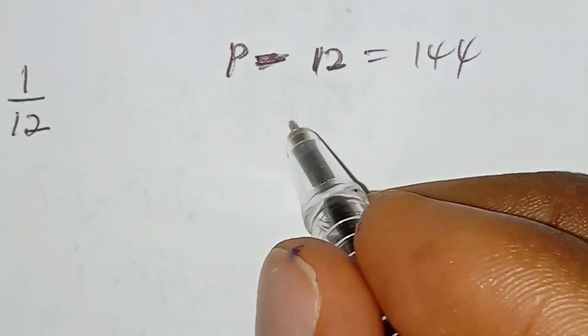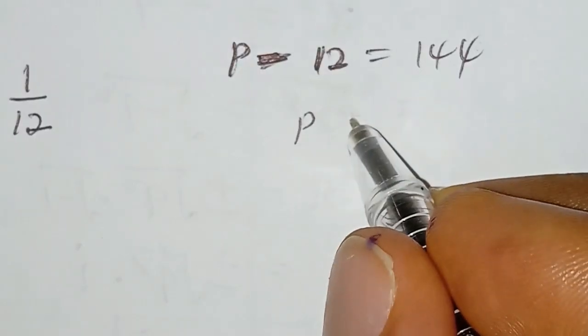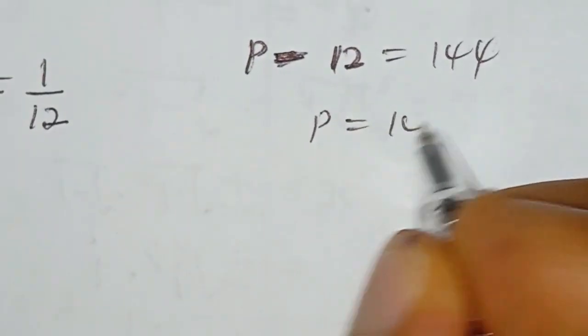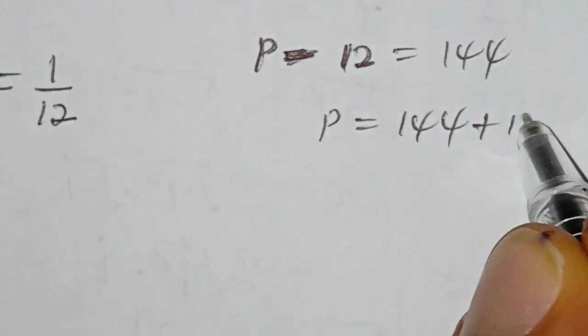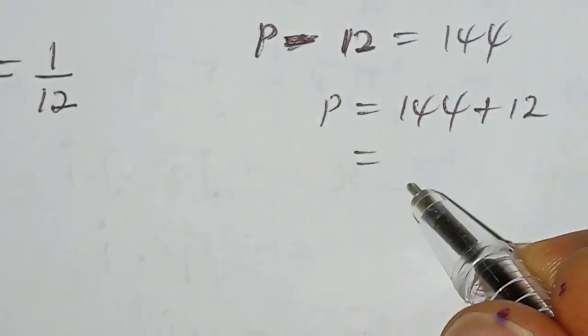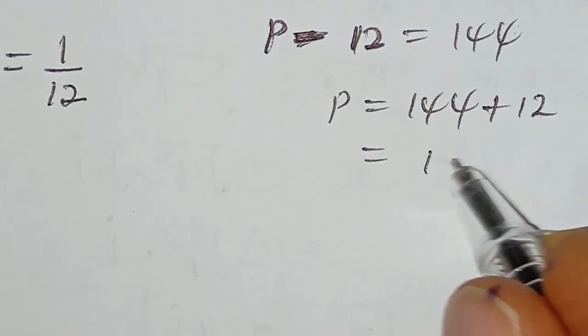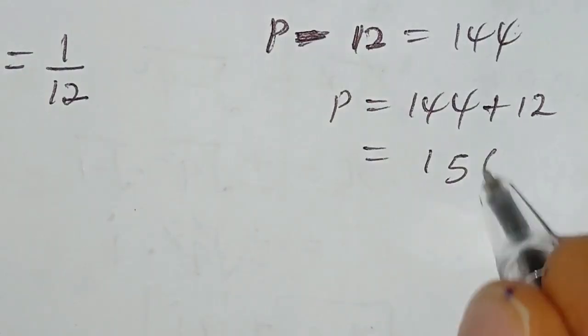So it implies that P will be equal to 144 plus 12, and that will be given as 156.